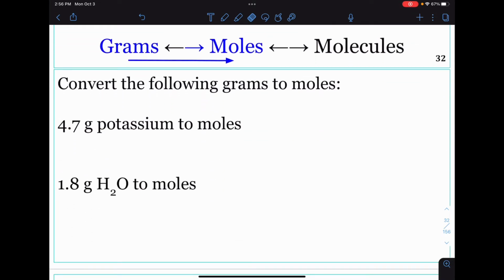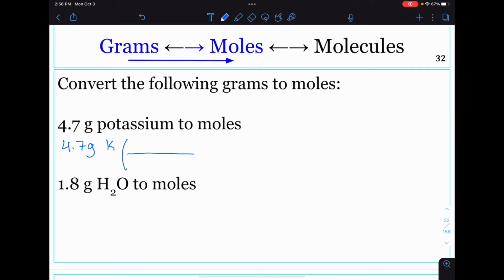Let's try this first practice problem together, and then you can do the next one. So we have 4.7 grams of potassium, and we need to convert it to moles. So start out with what you're given, 4.7 grams of potassium. Potassium is K on the periodic table.